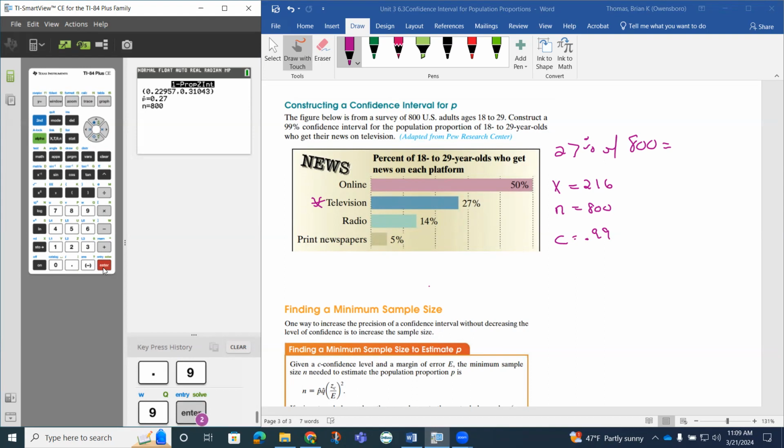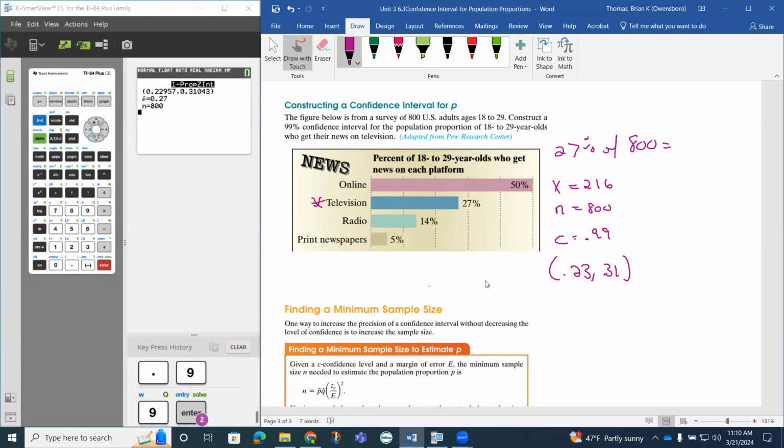So if we round this to 2 decimal places, we're going to get 0.23 to 0.31. So what we're seeing here is our population proportion.